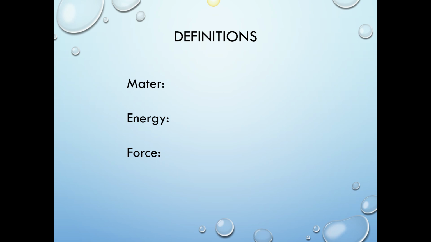Later on in this semester, we're going to learn a lot about energy, and the basic molecule for energy is adenosine triphosphate. That's ATP. We're going to learn a lot about this molecule, how it's regenerated, how it's broken down, and what it's used for along the lines of energy.